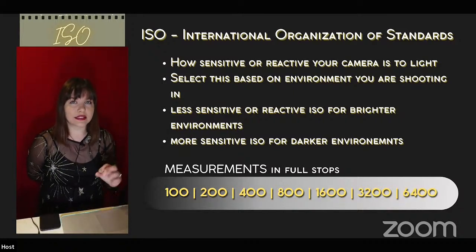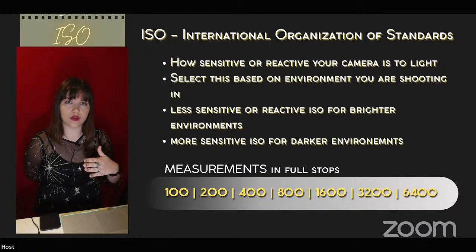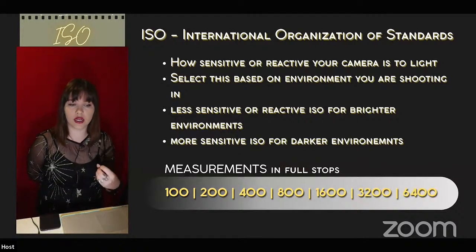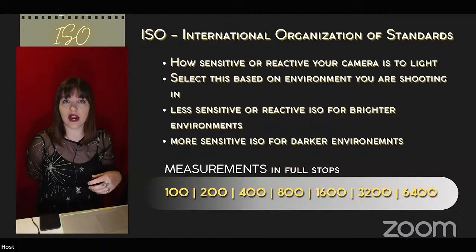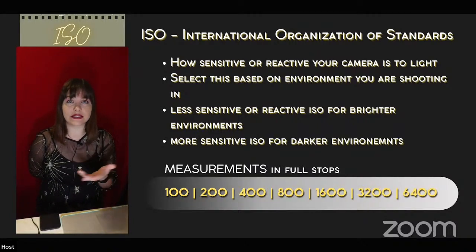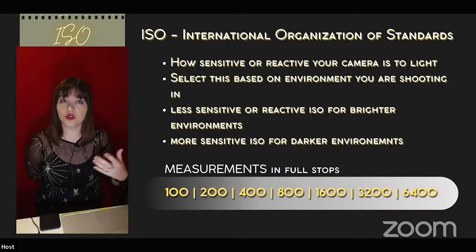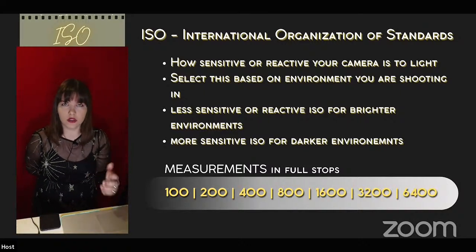ISO is typically selected based on the environment that you're shooting. So if you're in a really bright area, you can have your ISO go lower. If you're in a really dark area, you want your ISO to go higher. I have the scale down at the bottom of the slide. 100 is the least sensitive, going up to 6400. That's the most sensitive on this scale. Your cameras may be able to go higher.